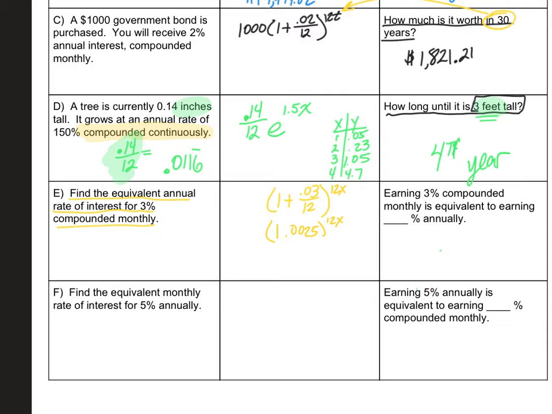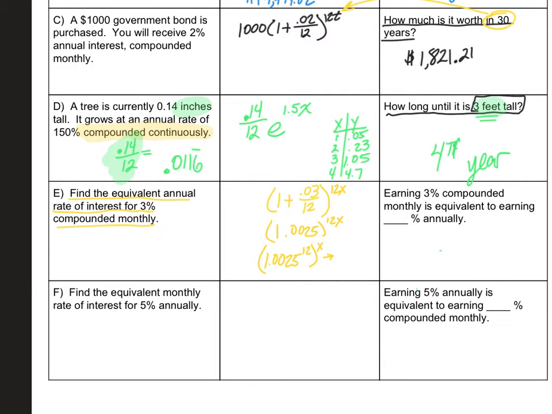So we can convert this thing now by rewriting this as 1.0025 to the 12th power, because those are all numbers. The variable, we're kind of out of luck, to be honest with you. We can't calculate a variable because it's an unknown amount, but we can calculate those values that are numbers.